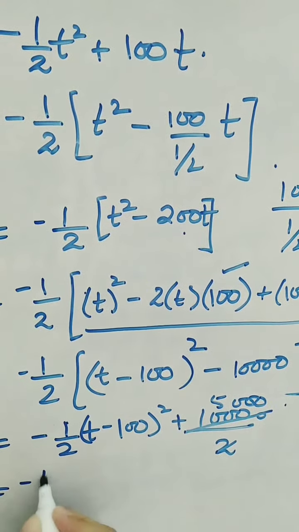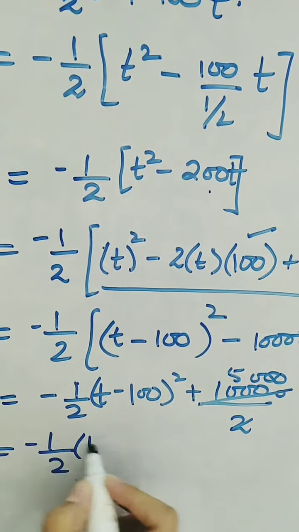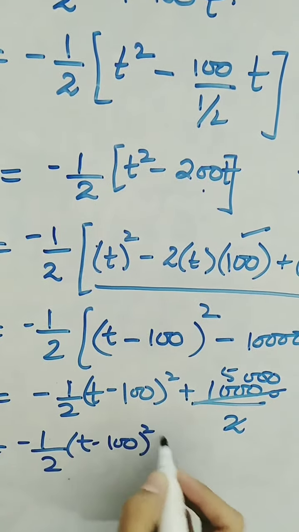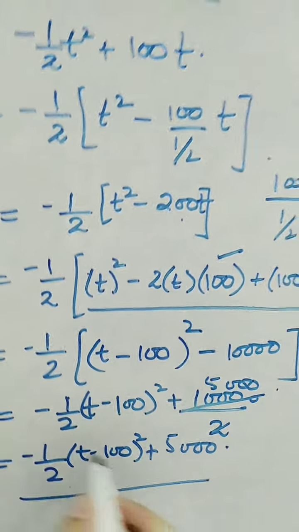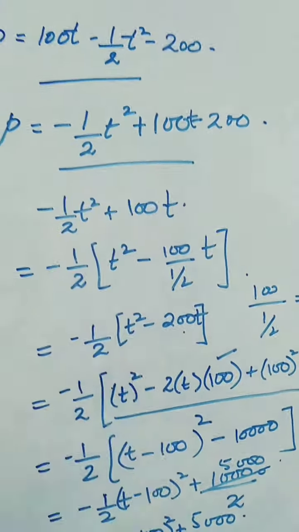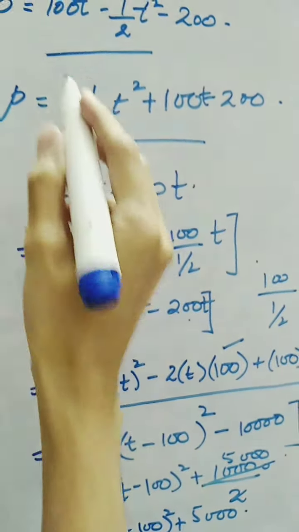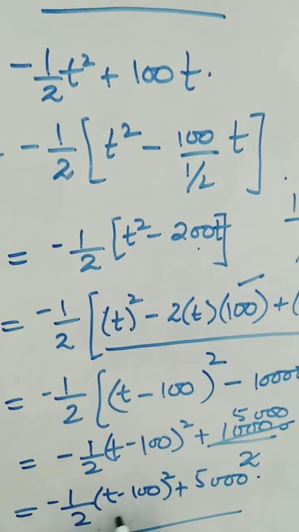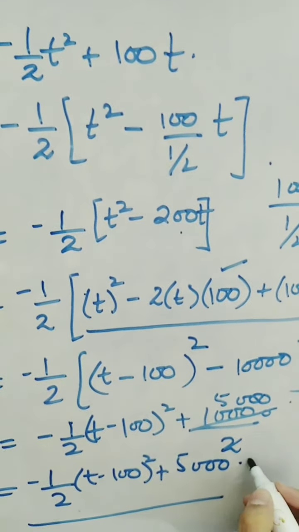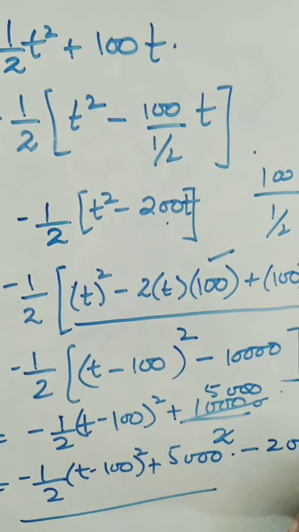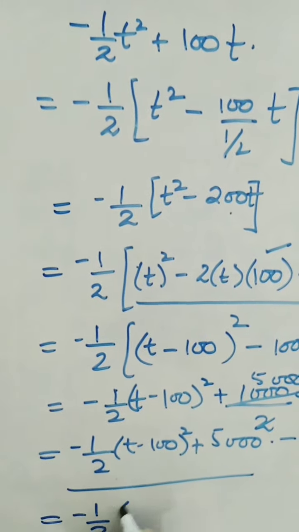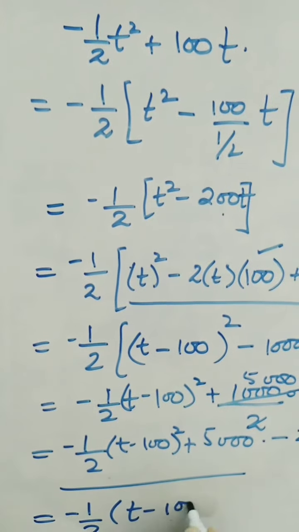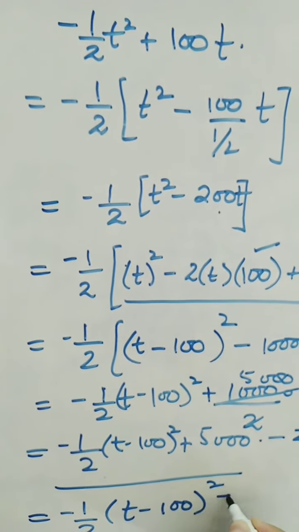So we have minus half (T minus 100) whole squared plus 5000, and this is the value of the first term. Now we put it into the equation: minus half (T minus 100) squared plus 5000 minus 200. So we will have minus 1 over 2 (T minus 100) whole squared plus 4800.